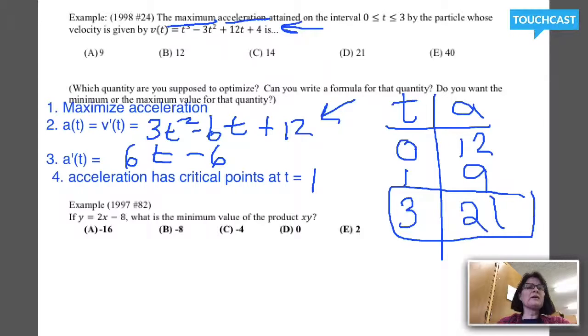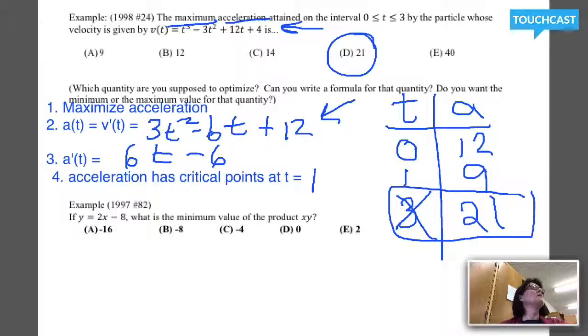I'm going to go back here and make sure I read this through and say the maximum acceleration attained. Because sometimes they'll ask the problem in a way that asks for the input value, but here they've asked for an acceleration, which is an output value, is, look at that, 21. Let's just make sure I got all the rest of those steps. Step 4 was to find the critical points. Step 5 was to make a table with all those critical points and endpoints as the inputs and the accelerations as the outputs.